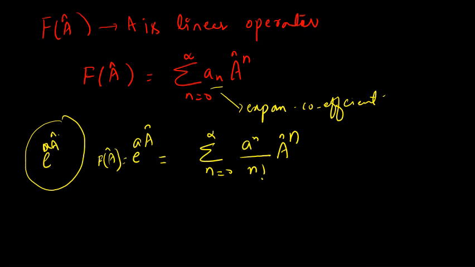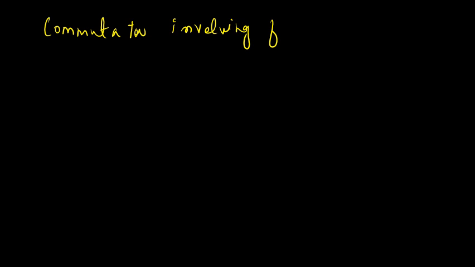Now we go to some properties of function operators, and one of them concerns the commutator involving the function operator. That is, how we can write the commutator of function operators.